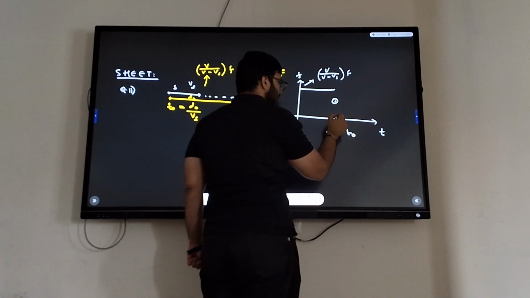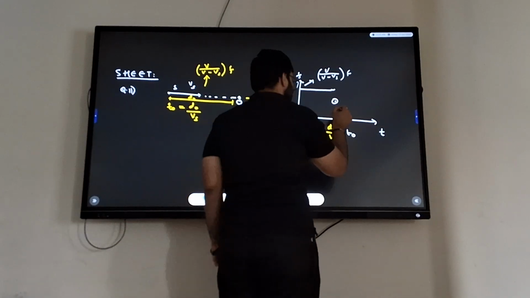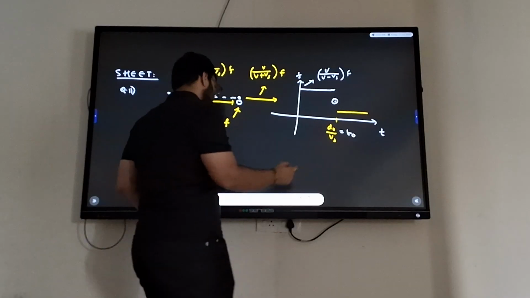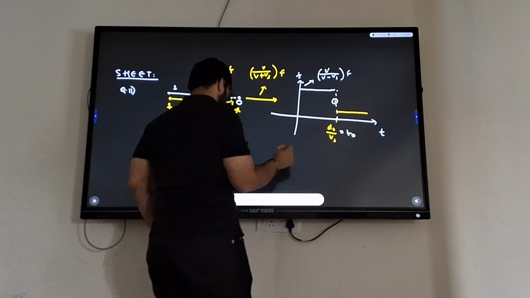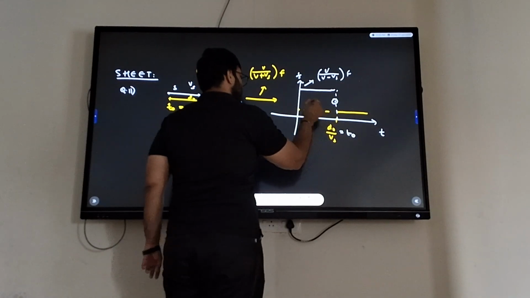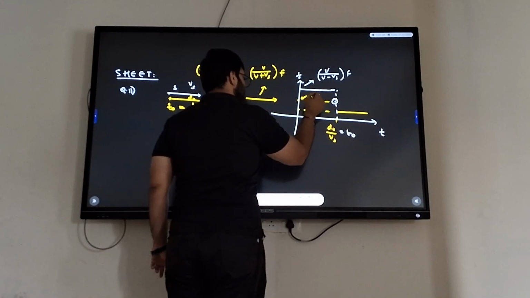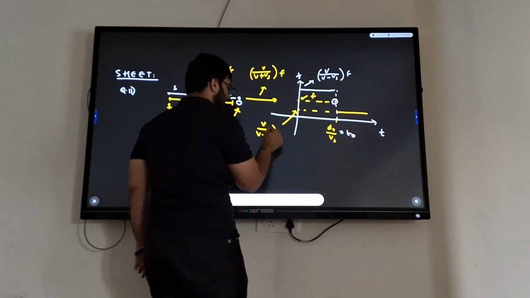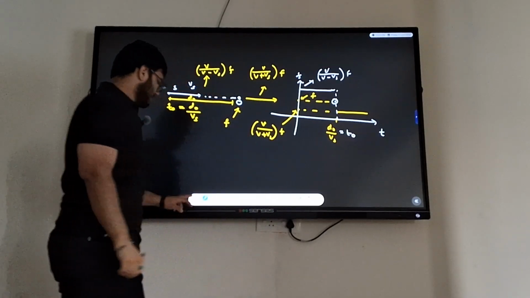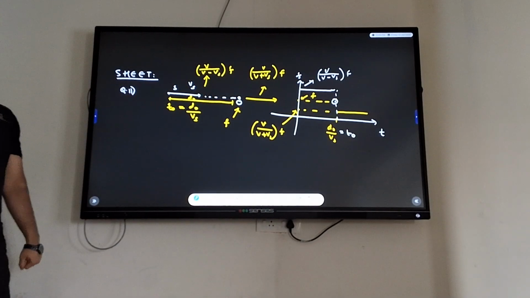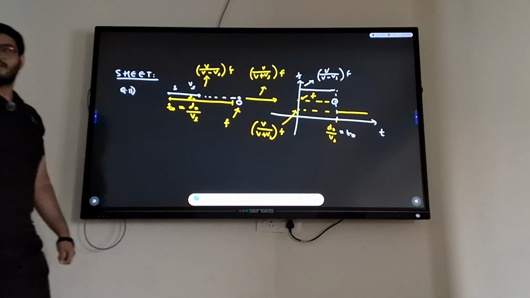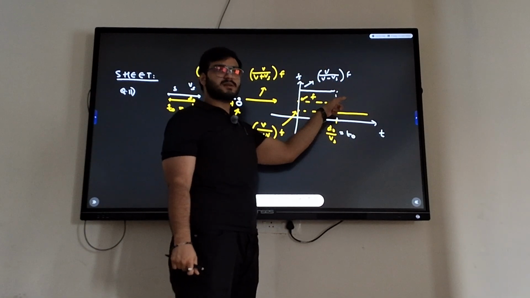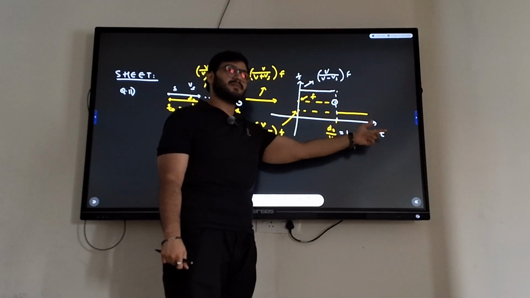And as soon as you go away from it, then your frequency drops to here. Some other value, some other constant. Yes or no? So it's a discontinuous graph. What is this frequency? This is F. What is this frequency? That's V over V plus Vs into F. So the frequency is a constant from some time to some time, drops to some value, then drops again as you go away.